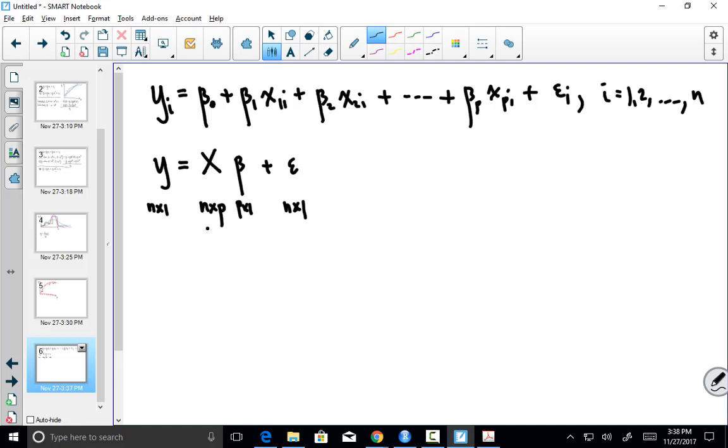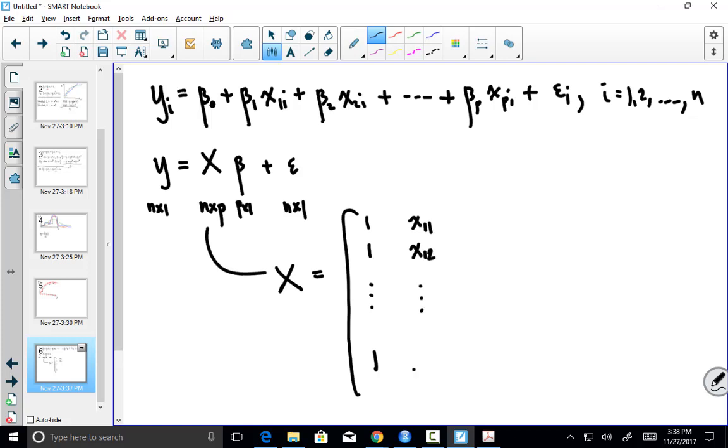In this case, capital X would be a column of n ones, and then a column containing x1. So here's the value of x1 for individual 1, then individual 2, through individual n. The last column would be predictor variable p for individual 1, individual 2, and so on.